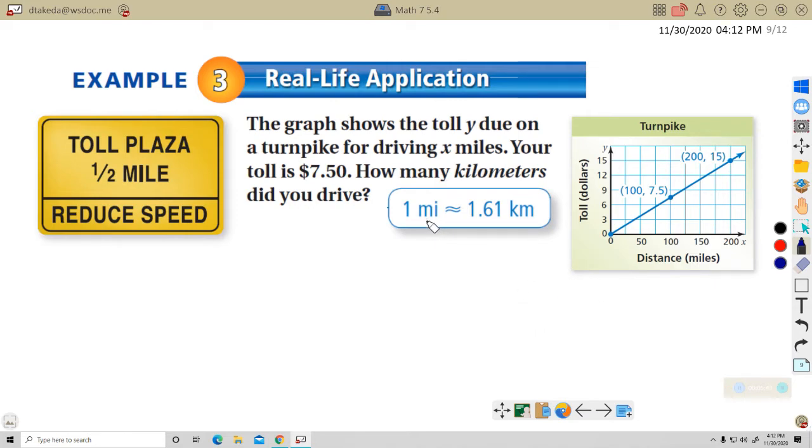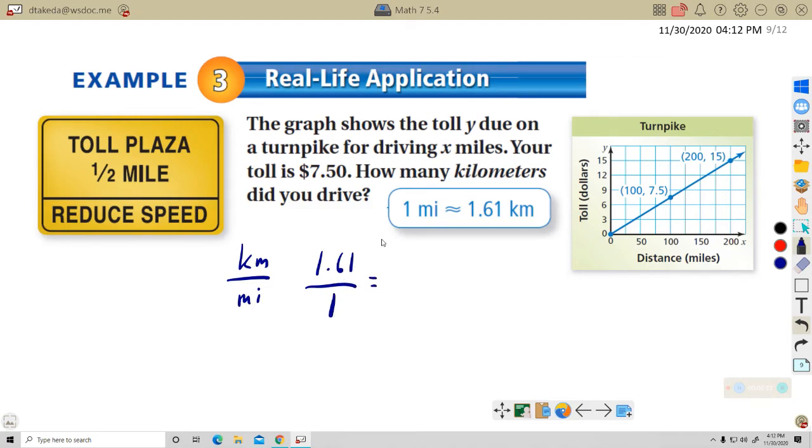We have a little conversion rate here: 1 mile equals 1.61 kilometers. Let's set that up first. I'm going to do kilometers per mile. It doesn't matter which one you put on top, it just matters that you're consistent in this problem.